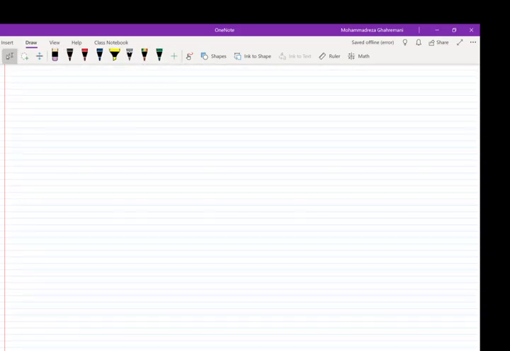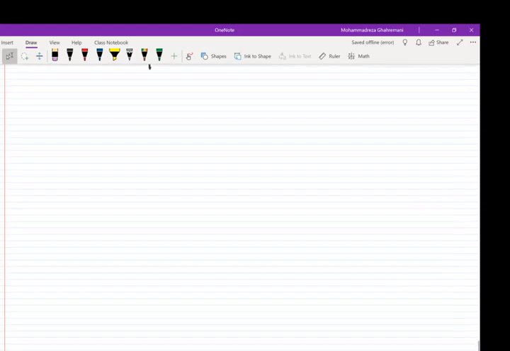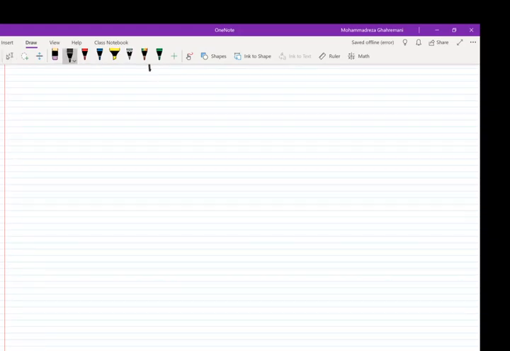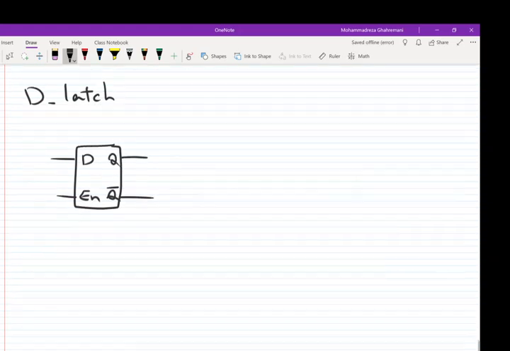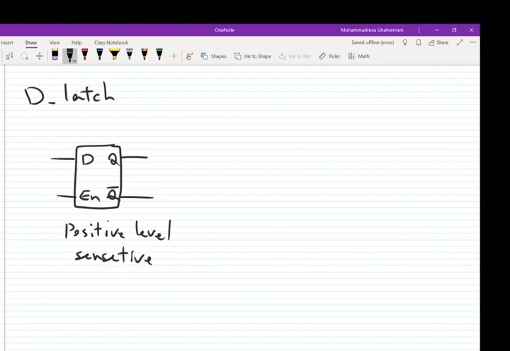And what is the symbol of D flip-flop? If you remember, for the D latch, I said that we show a D latch in this form: input D, enable, Q and Q bar. This one is a positive level sensitive latch.